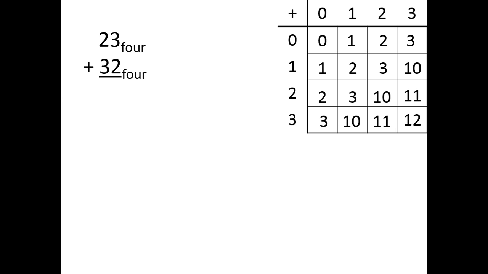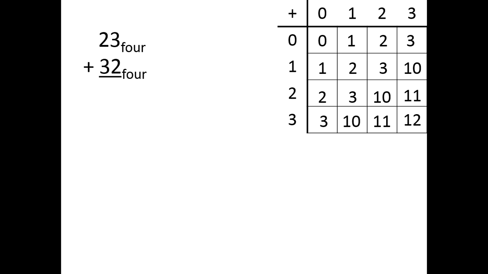So let's see if we can add 2, 3 base 4 plus 3, 2 base 4. Remember, we don't want to call those 23 or 32 because that implies that these are base 10 numbers, and they're not. They're base 4 numbers. So if we use a traditional algorithm, we could say, all right, if I look in the ones column, I have 3 1s plus 2 1s.